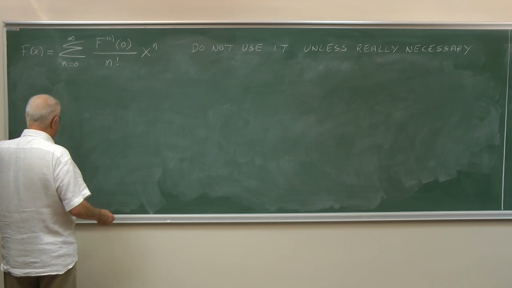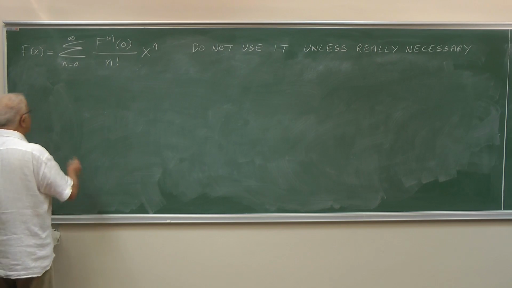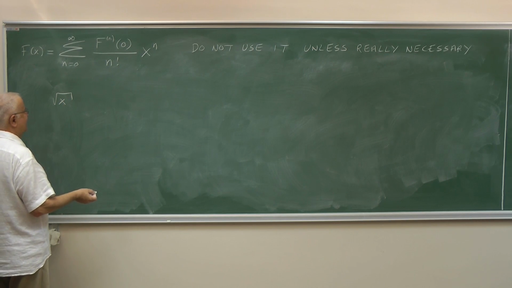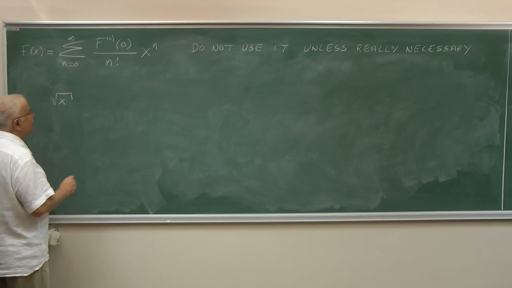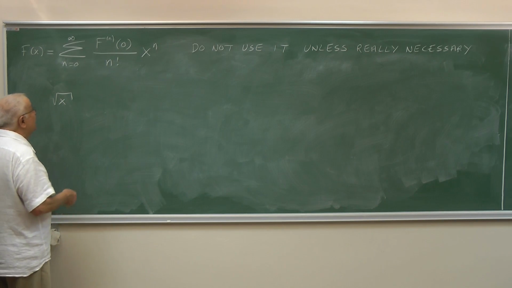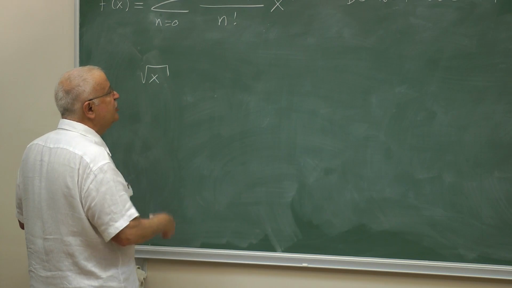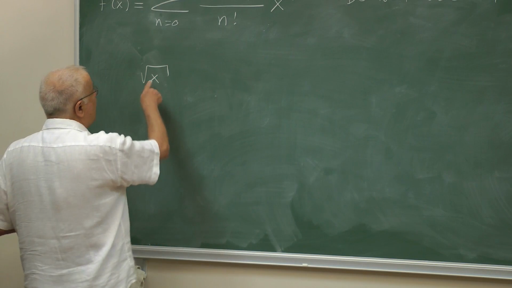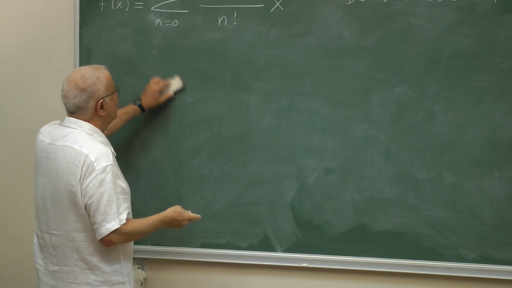Another surprising thing is, for example, square root of x. You cannot expand it in integer powers of x around 0. I will not go into the details, but we understand this on the complex plane where z equals to 0 is a so-called branch point for x to a non-integer power or logarithm function.